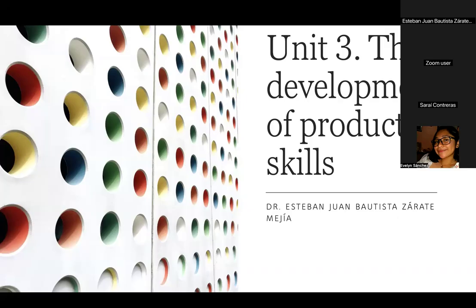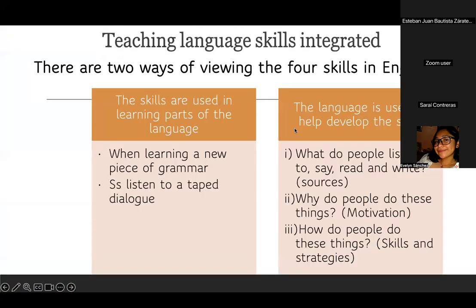And before going deep into the idea of teaching writing or teaching speaking, we are going to start first of all discussing the perspective of teaching language in an integrated way.